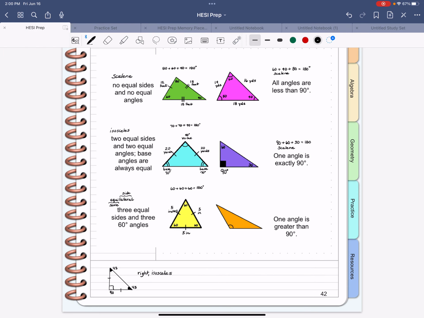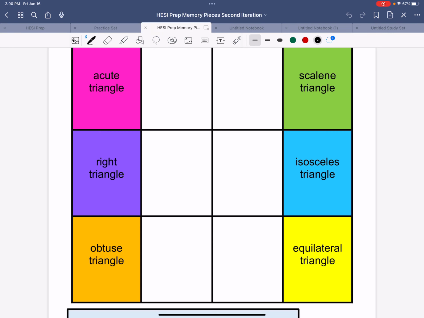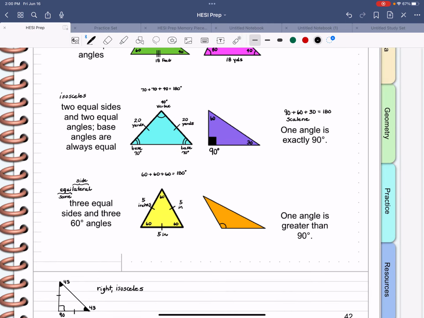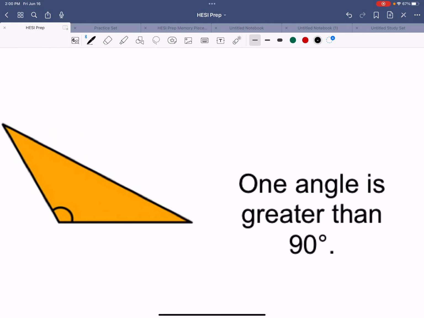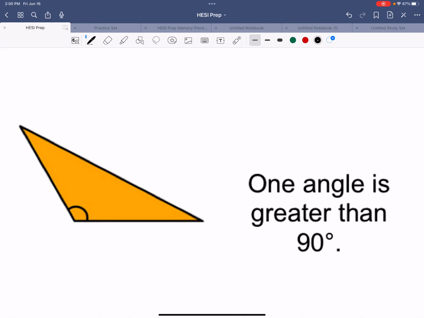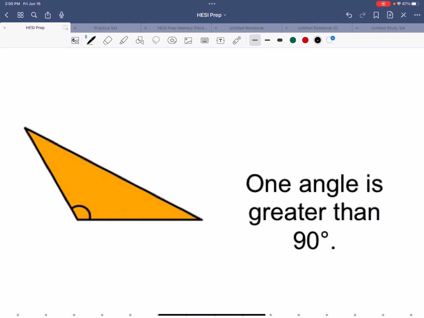All right, back to this one, the orange one. These are the ones that gave me trouble for some reason. This is obtuse, and it's right down here. One of its angles is greater than 90, so you're going to have that very wide angle in here. And this looks like about a 120. But this one, because that angle is so big and it's taking up so much of the other angle, you could have a 30 and a 30.